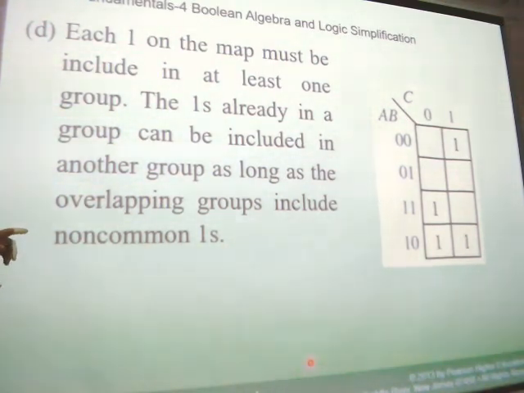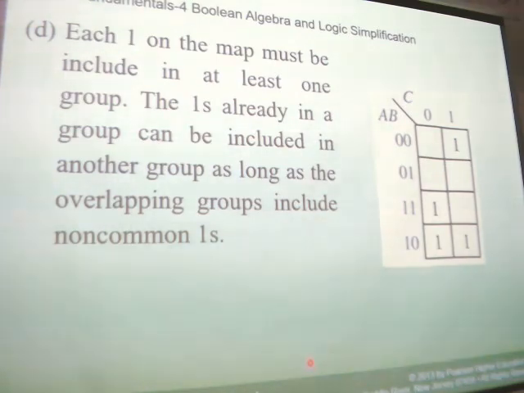For example, for this Karnaugh map, how many groups are on this Karnaugh? Four groups? There are 4 ones on the Karnaugh. But how many groups on the Karnaugh? 3.